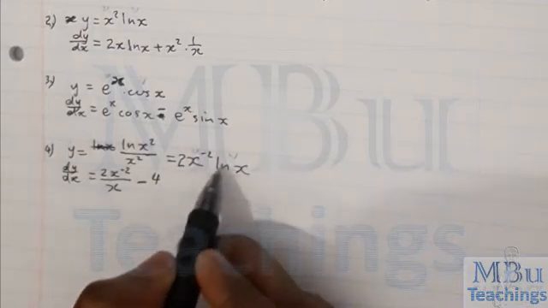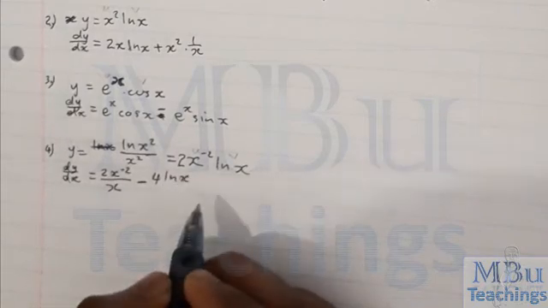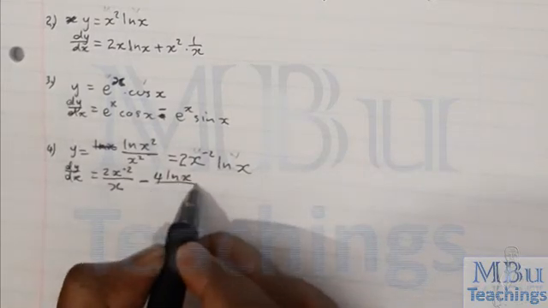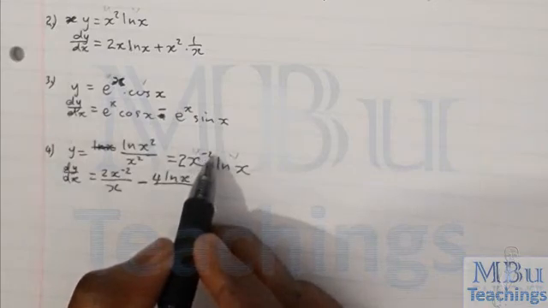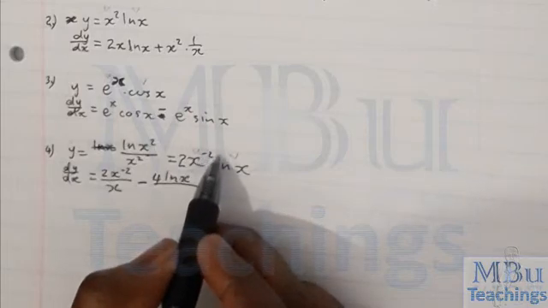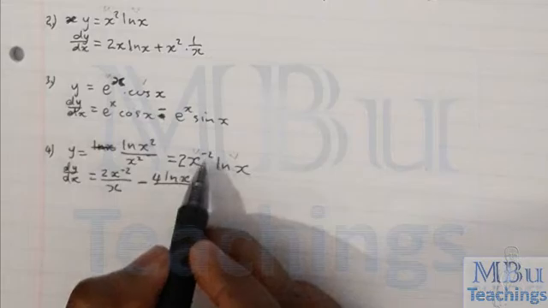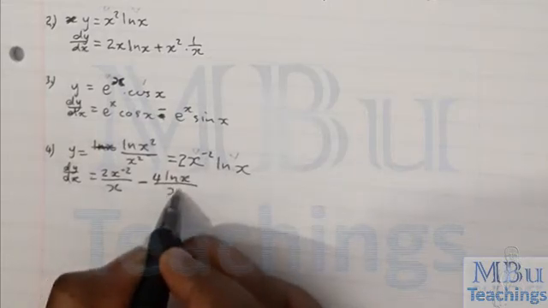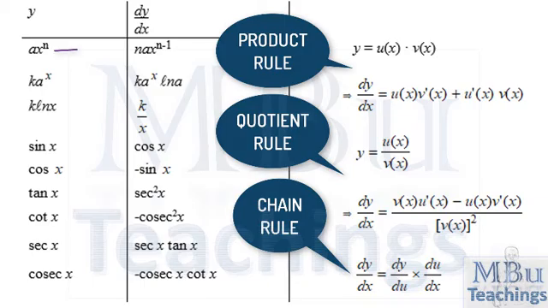Now I have ln x. Now remember we derived this one, so that means we'll have minus 1. So it will be minus 2 minus 1, which will be minus 3. So that means it was x to the power minus 3. So when it comes beneath the line, it will be positive 3.